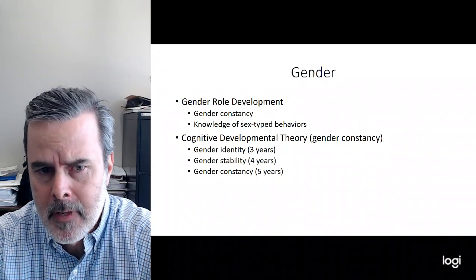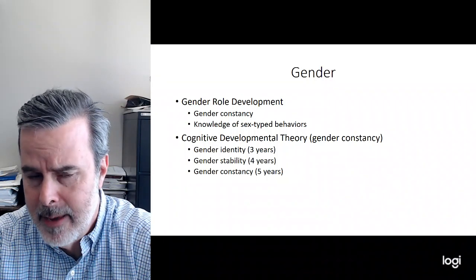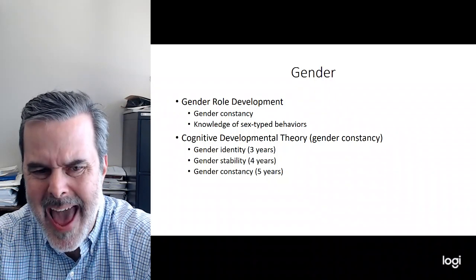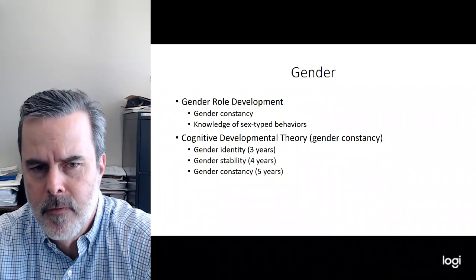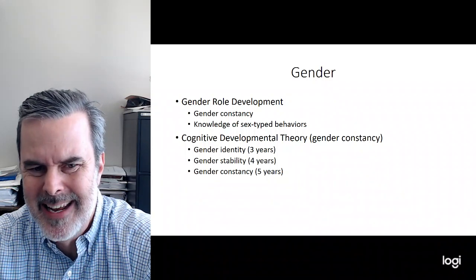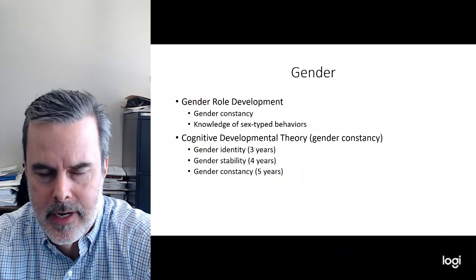However, they are not yet able to pass, that is, to perform accurately on the man in the dress test scenario.